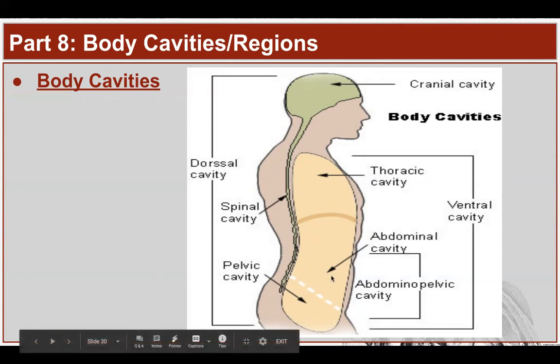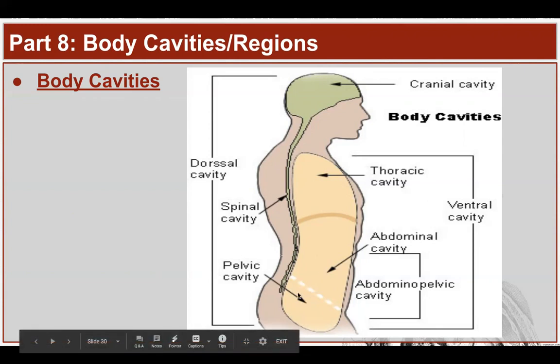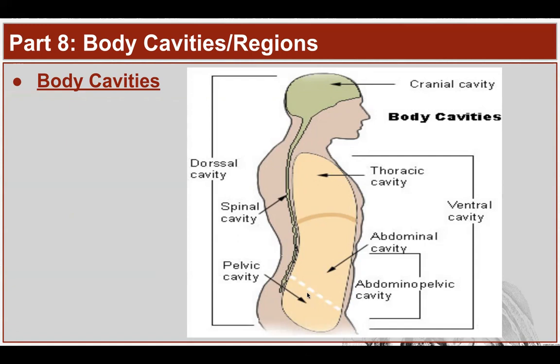Then down here, the abdominal cavity and the pelvic cavity. Or you can call it the abdominopelvic cavity, because there really is no division here. It's just that the pelvic cavity sits more within the pelvis. So this is where we'll find all of the digestive organs, and down here, the urinary bladder.